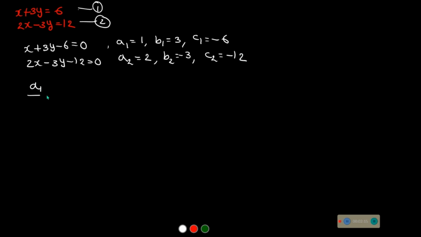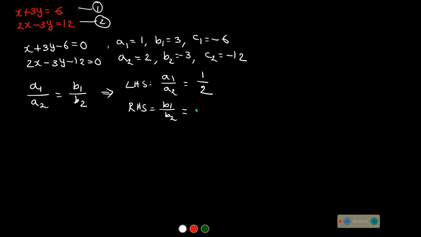Let's find the ratios. First we need to check whether a1 by a2 is equal to b1 by b2 or not. For checking, the left hand side is a1 by a2, which is 1 divided by 2. Then the right hand side, b1 by b2, is 3 by minus 3, that is minus 1.